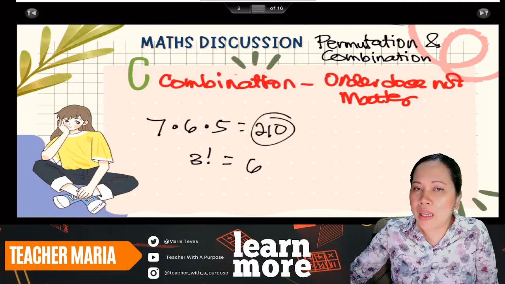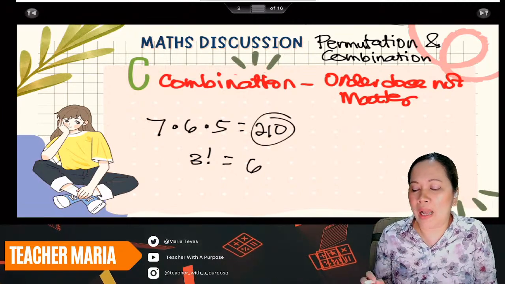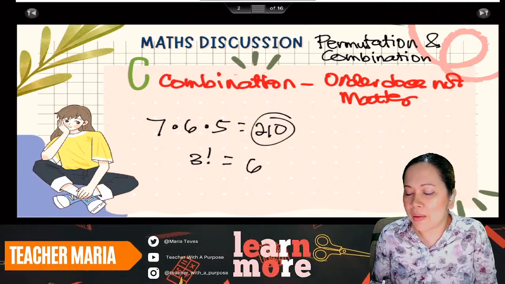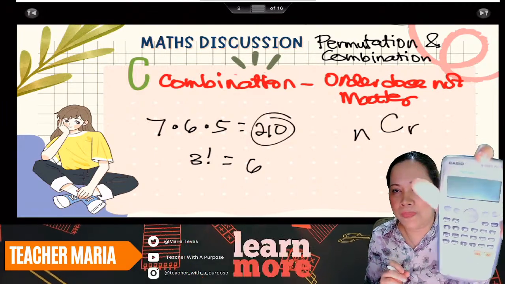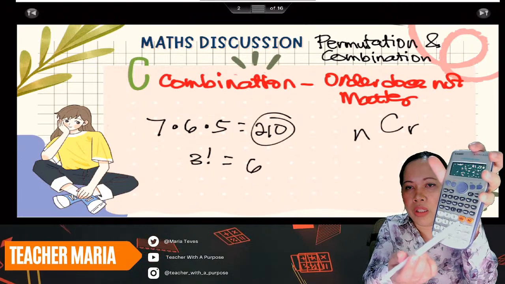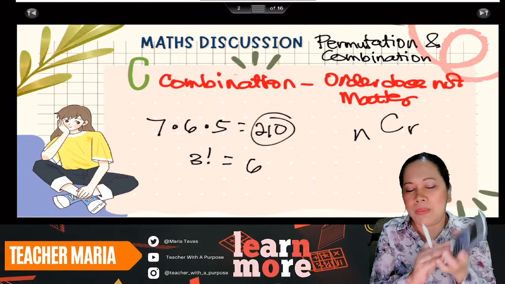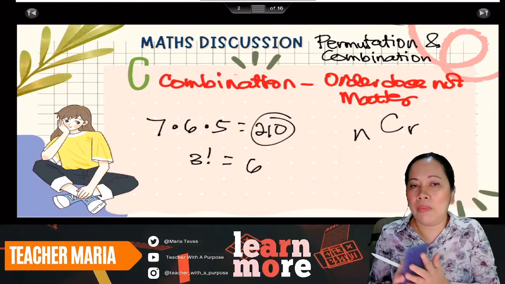Okay, but for a combination, you will have NCR. In your calculator, that will be somewhere on the bottom part, if you have the same calculator as mine. So NCR and NPR.